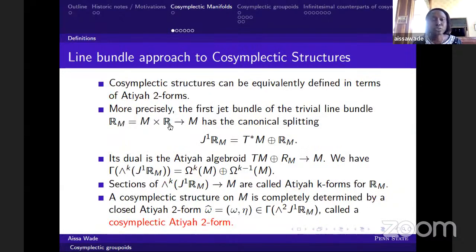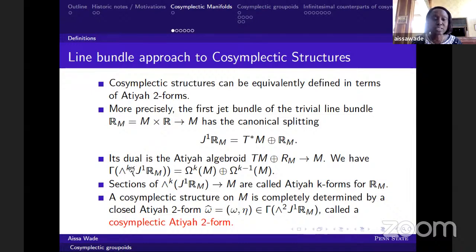So another way to define cosymplectic structure is to look at the line bundle approach. Then we can define it as what is known as a closed Atiyah 2-form. Precisely, if I look at the first jet bundle of the trivial line bundle, then we have this splitting as T*M plus R. And its dual is nothing but the Atiyah algebroid.